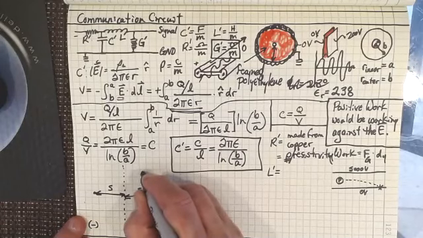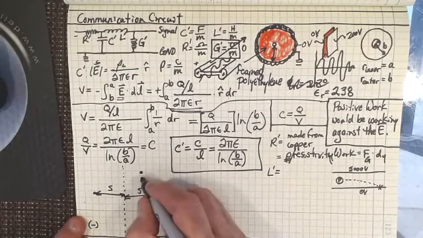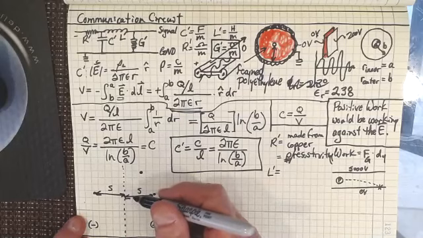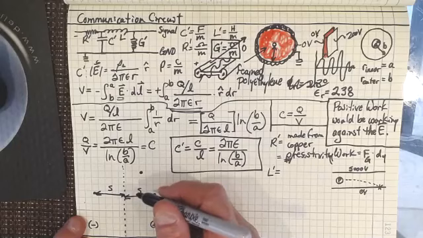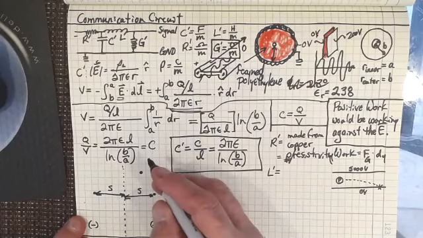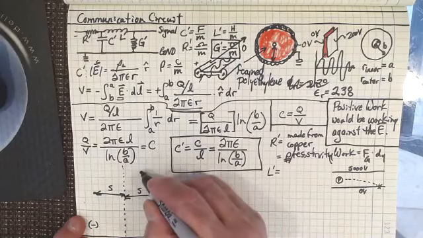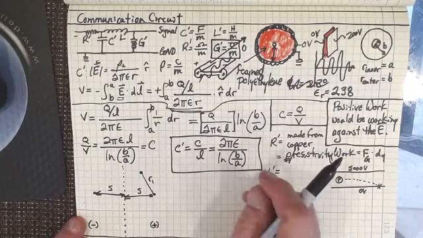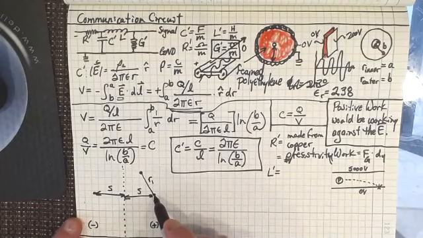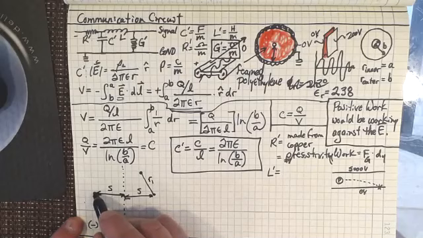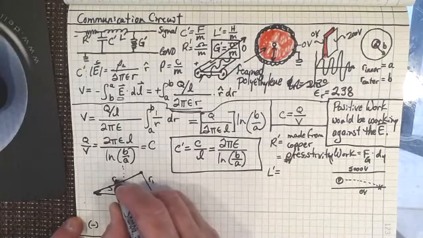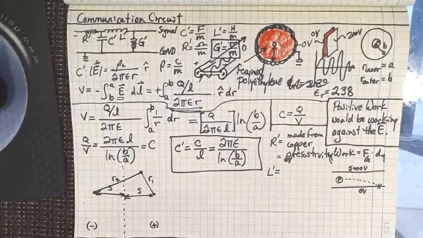I'm going to just pick a point right there, and I'll call that the point. And now I'm going to define 2 radii. I'm going to define R1, which is the distance from the positive wire. And I've got another one over here, and I'm going to call that R2, right?